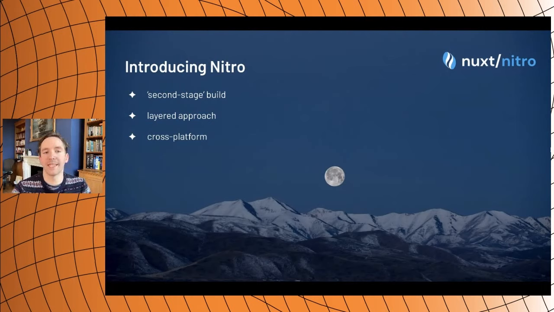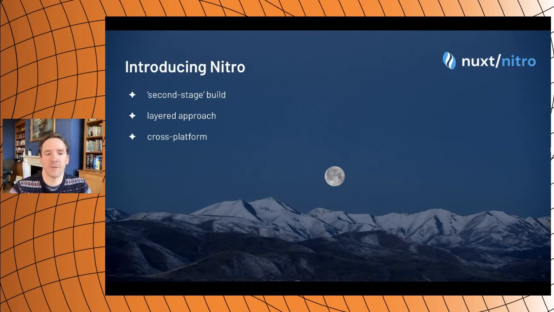With Nitro, we take that server build and we process it. We build it a second time with Rollup, rather than Webpack. And we bundle split it, and we optimize it, and we analyze it. And we do lots of cool things, which I'll explain in just a moment. But we were able basically to build another thing, another server on the back of the first output.